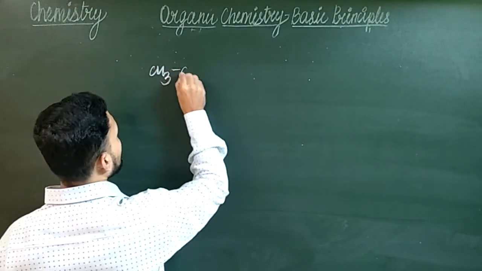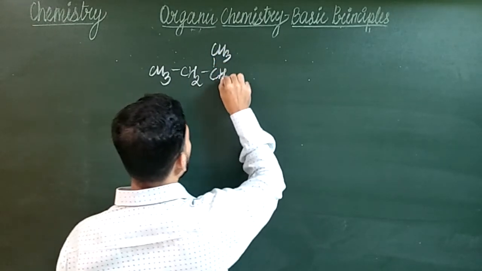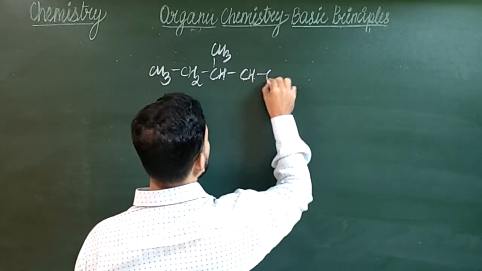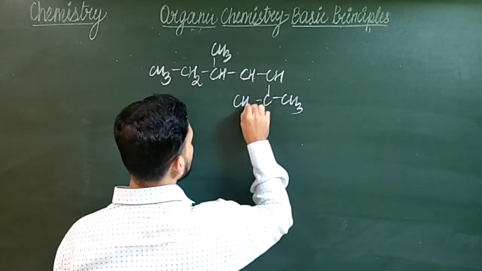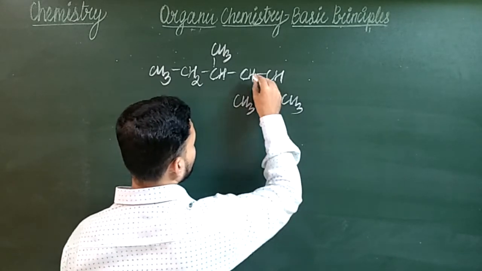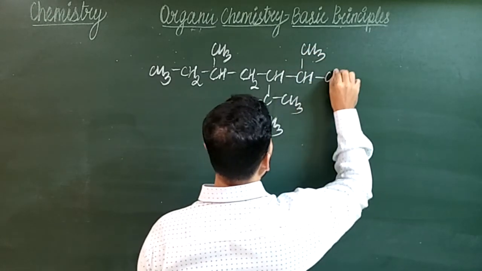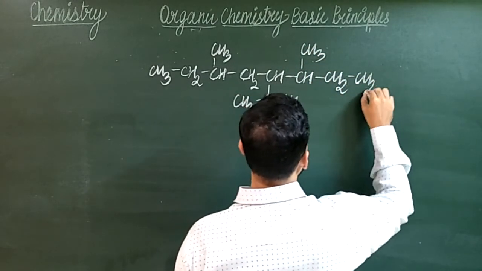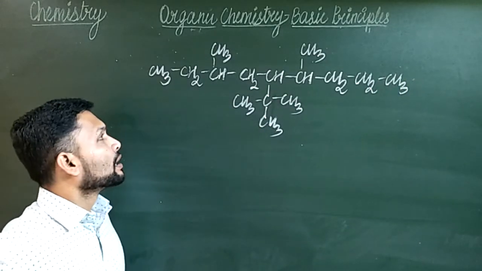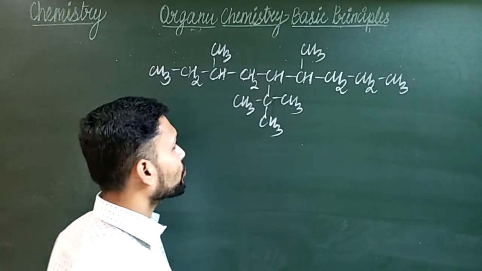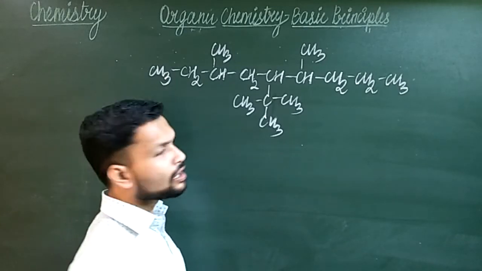Suppose CH3, CH2, C, CH3, H, C, H, C, H, C, CH3, CH3, CH3, CH2, CH, CH3, CH2, CH2, and this would be CH3. Now just have a look over here. Now this is quite interesting also. Now here is one of the most important rules, where many of the students go wrong.